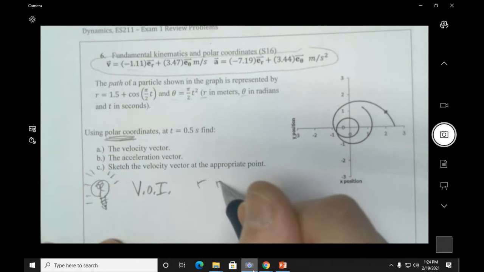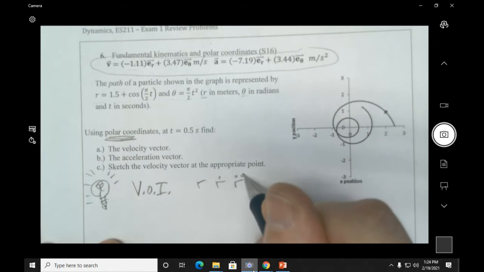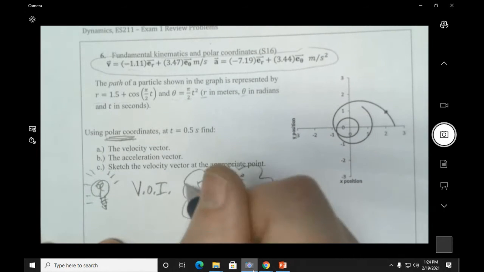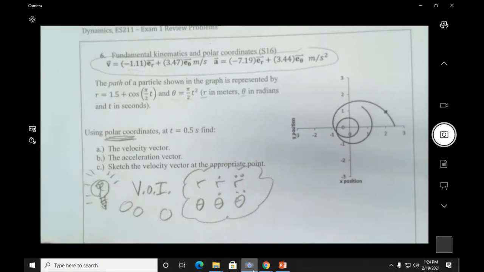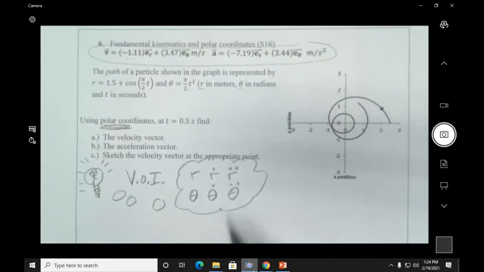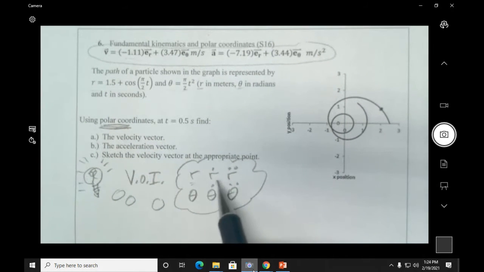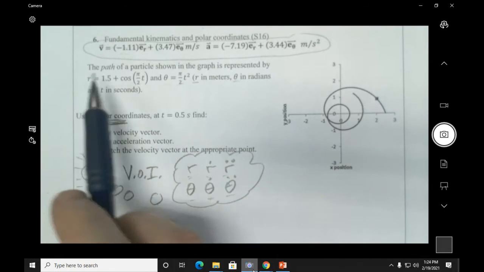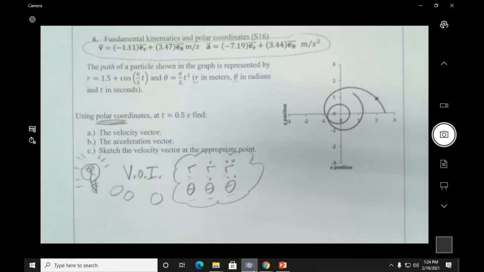And those are r, r dot, r double dot, theta, theta dot, theta double dot. So our mission, should we choose to accept it, is to try to find these in some way, shape, or form. Well, we see we have r and we have theta.